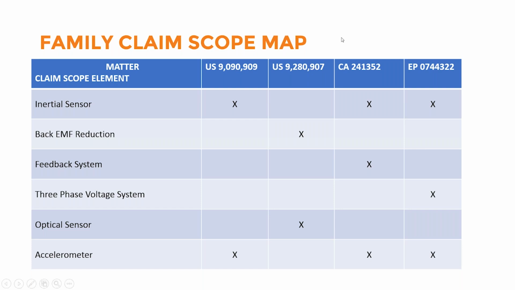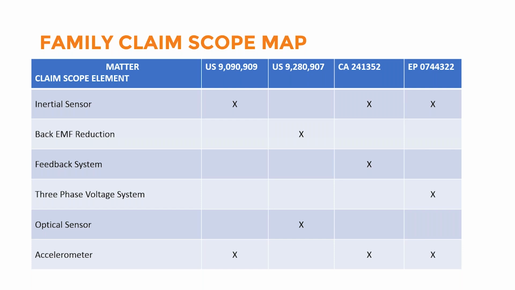So along those lines, the next way that we're going to take a look at this family type analytics is claim scope, and the progression or differentiation in claims across a family.